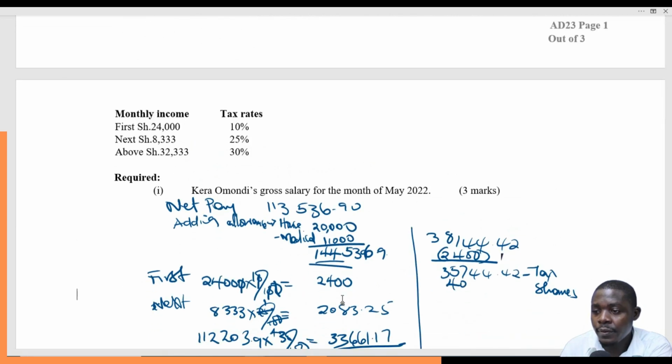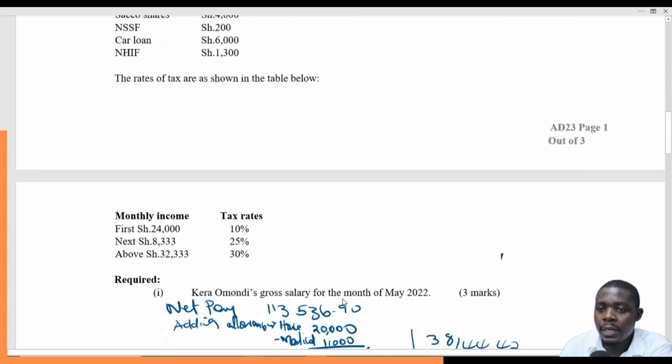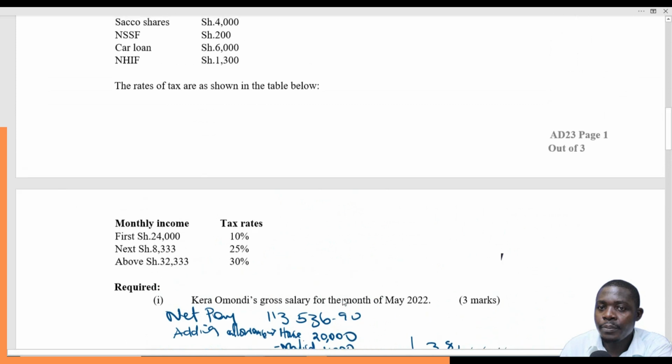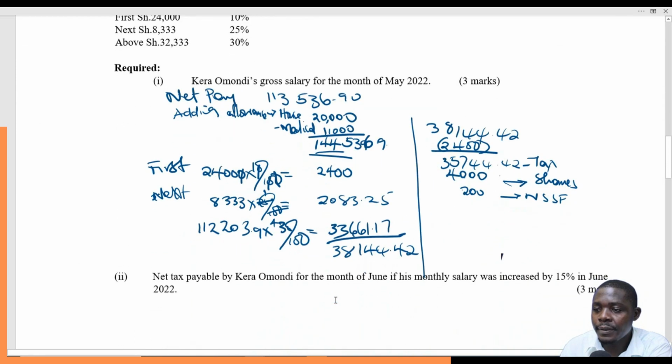NSSF, we are going to pay 200. Also we are paying car loan 6,000.